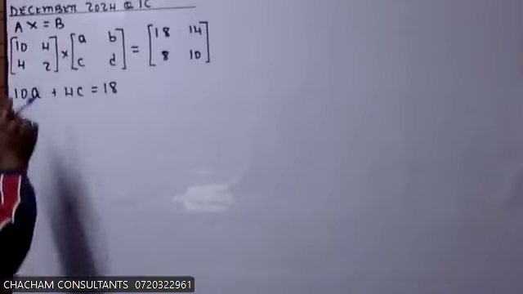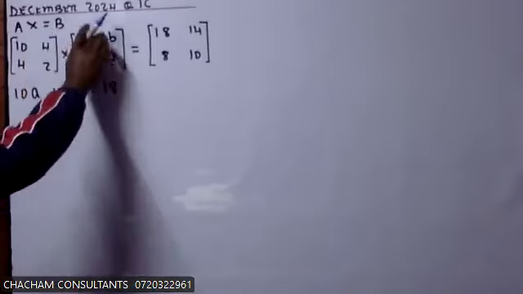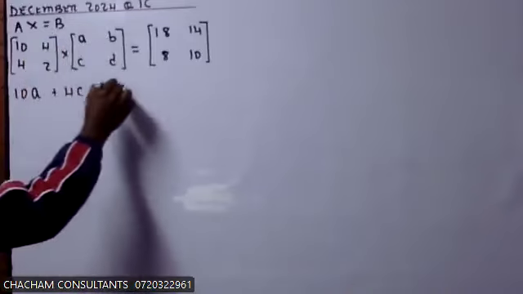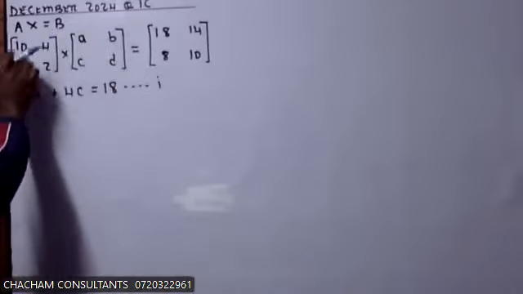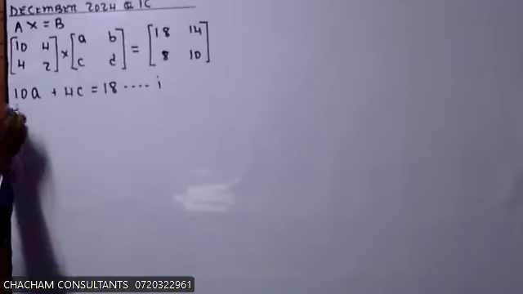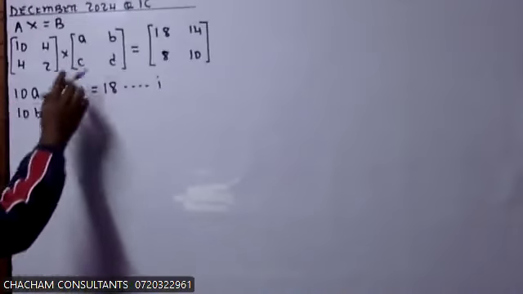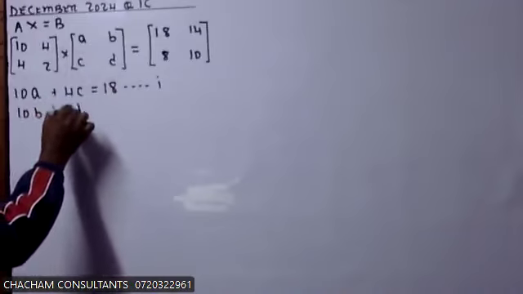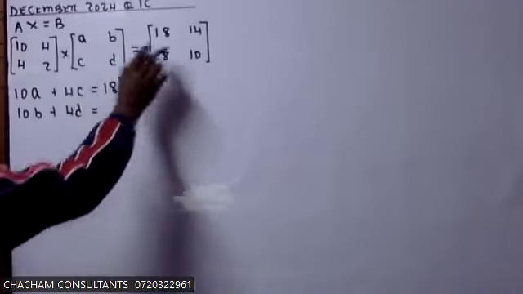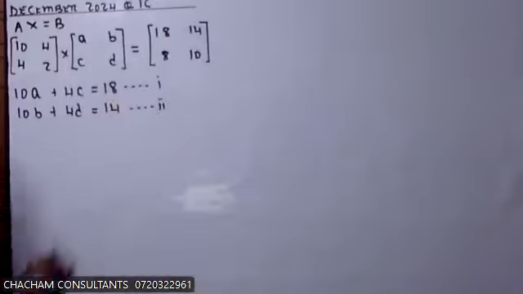Then I take this, 10 multiplied by this. So this one I can call equation 1. Then I take 10 times B, so 10B plus 4D should give me this 14. So that one I call equation 2.